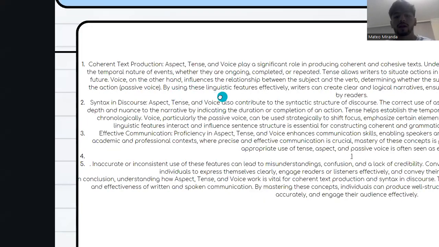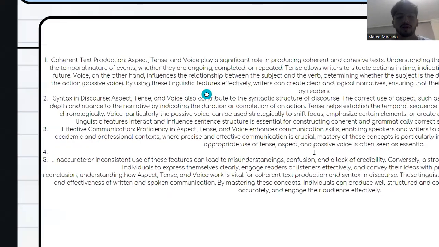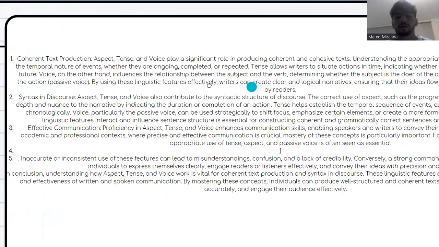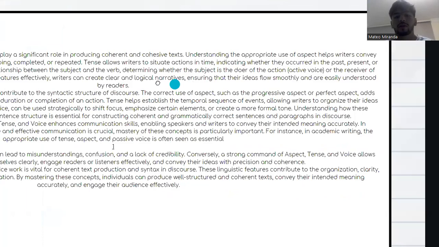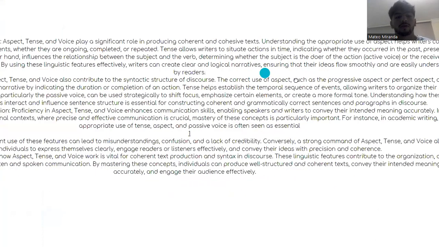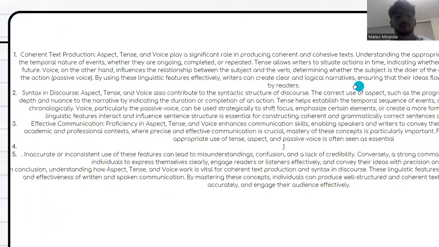Voice, on the other hand, as I mentioned in the presentation, influences the relation between the subject and the verb, determining whether the subject is the doer of the action, active voice, or the receiver of the action, passive voice.